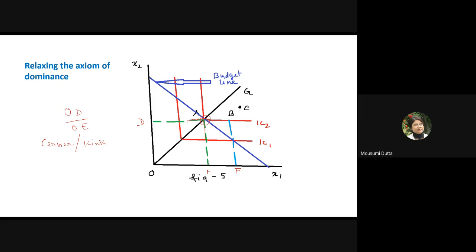The indifference curve in this case will take the shape of a horseshoe.